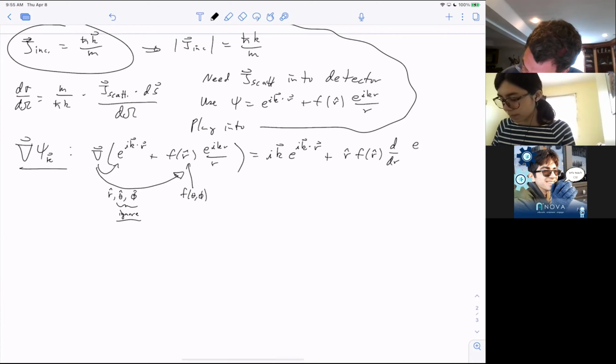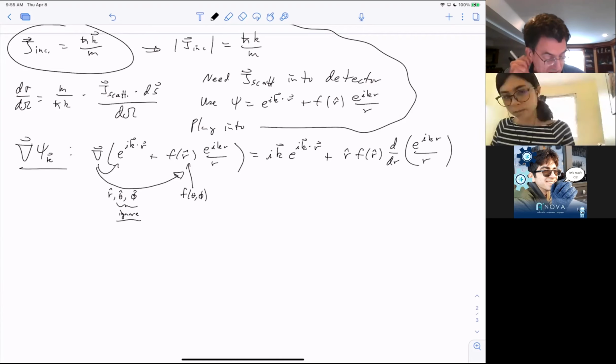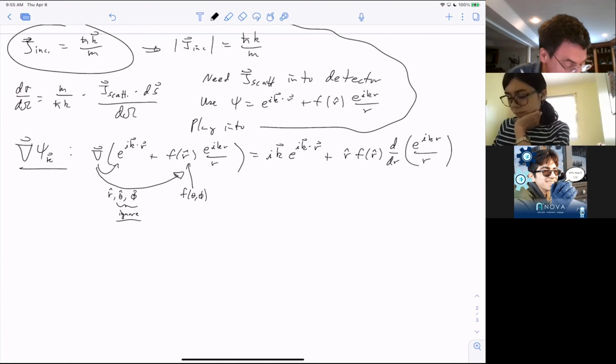Now we have to take the radial derivative of e to the ikr over r. So that's the gradient. It's nice, because we ignored those guys. But we still have to do the quotient rule from calculus.